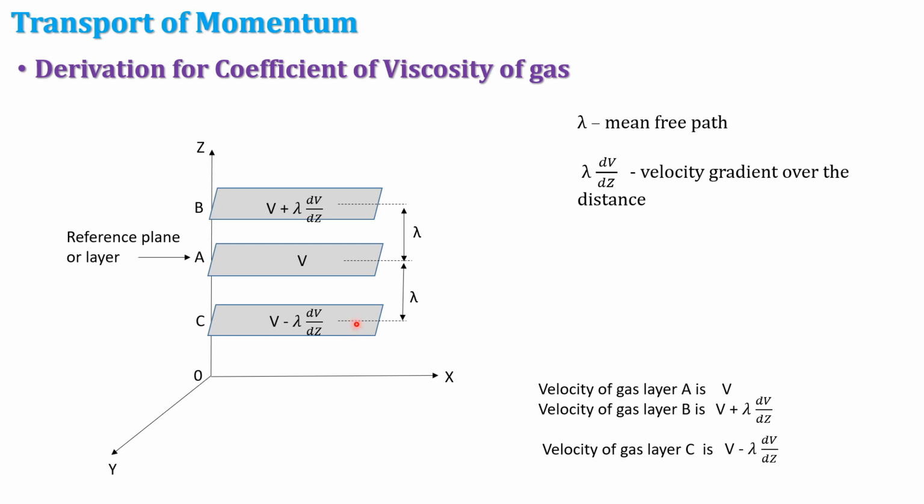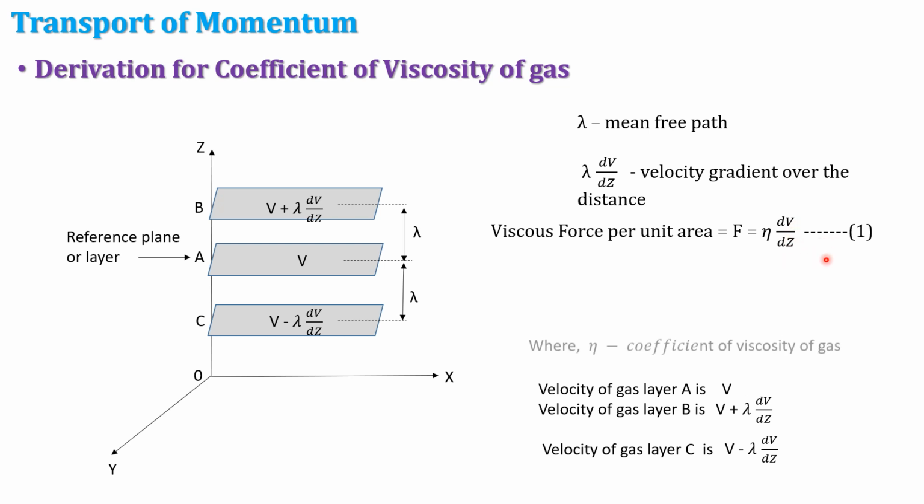According to the theory of viscosity of gas, the viscous force per unit area of the layer A is F, and it is given by the relation F equals eta dv by dz, where eta is the coefficient of viscosity of gas.